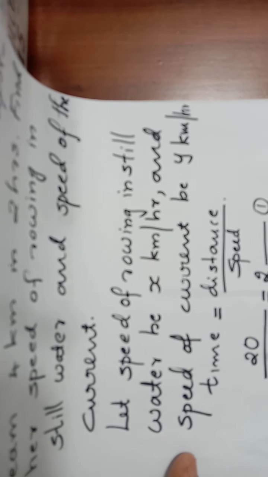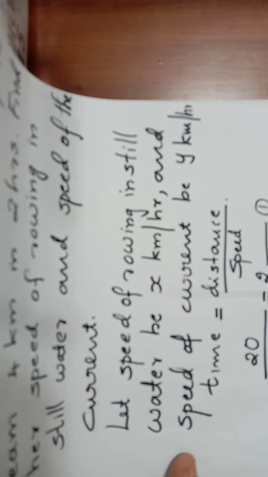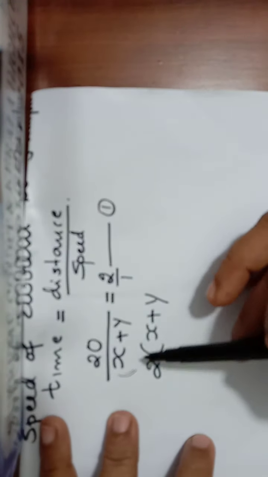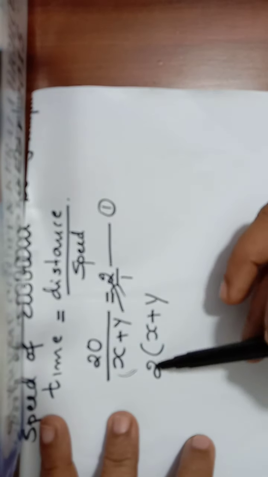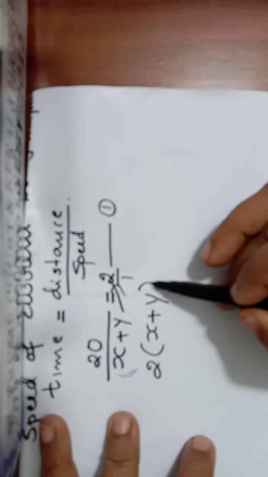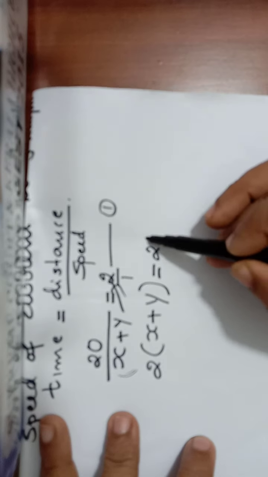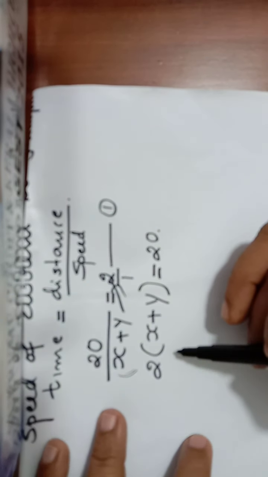So in the first equation it is 20 by x plus y is equal to 2 by 1. We can cross multiply now. Therefore, 2 into x plus y is equal to 20 into 1 is 20. Open the bracket.